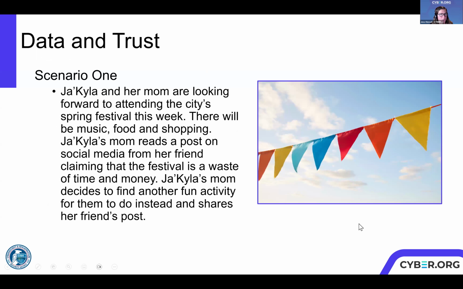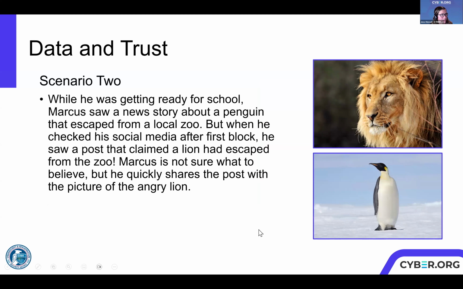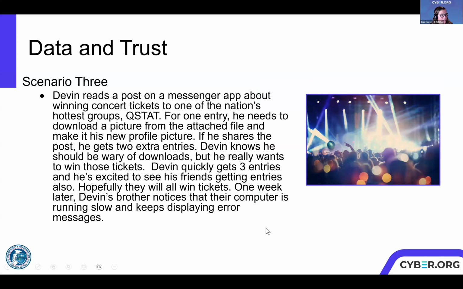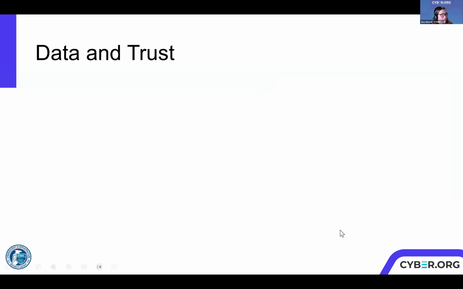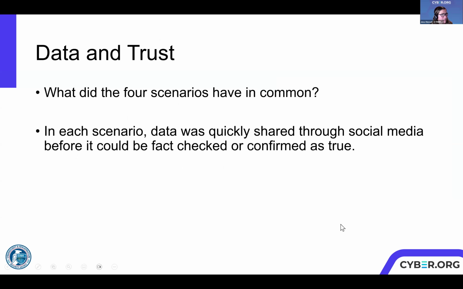I'm not going to take time to read each one, just so we can get to our main events, but it does talk through 4 different scenarios for interacting with data online. After students read through them and discuss them, it summarizes the overarching themes.